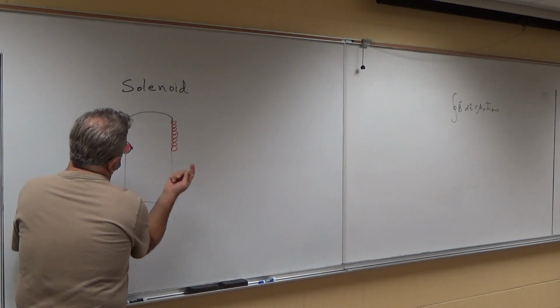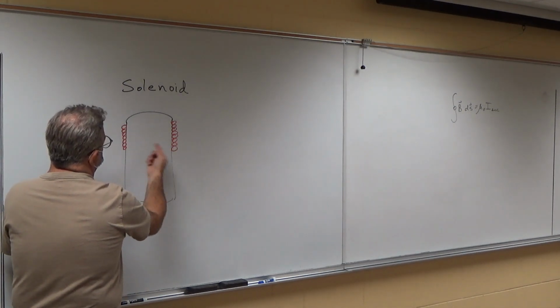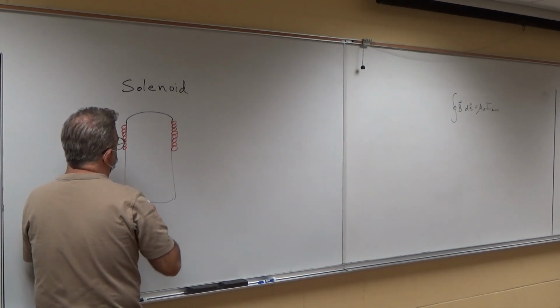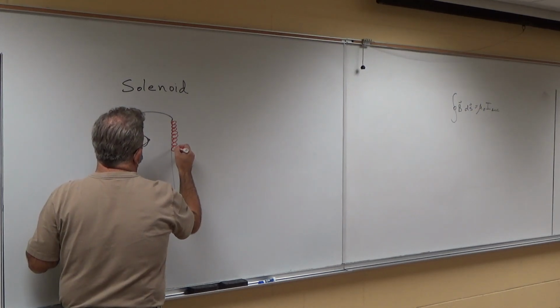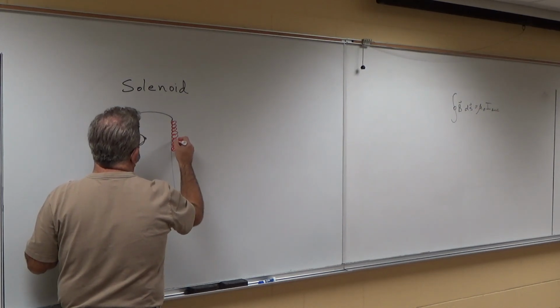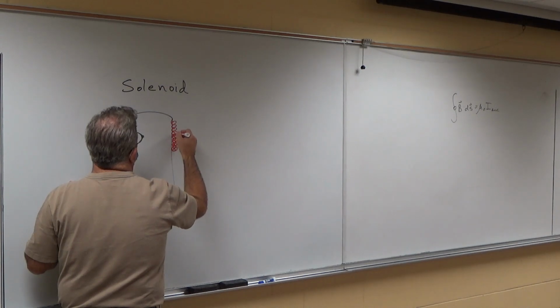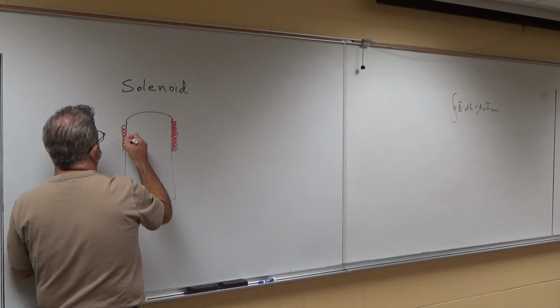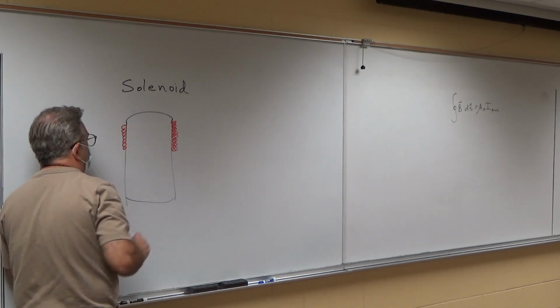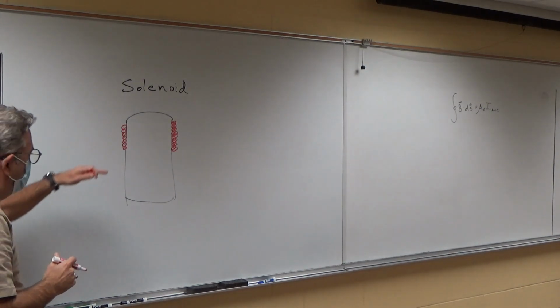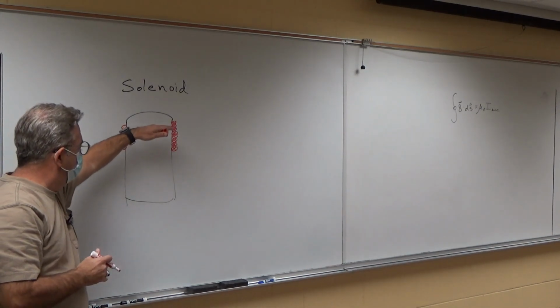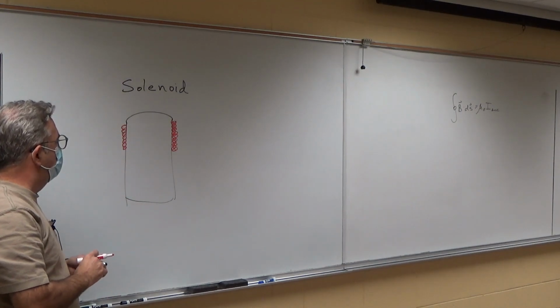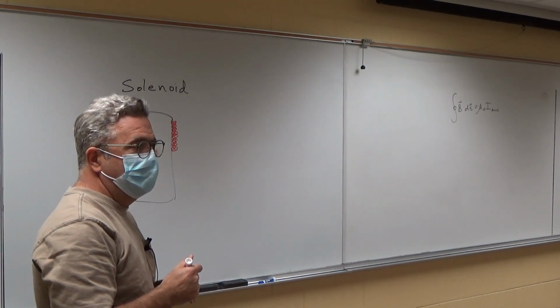So the current's going around this way. These are all the little loops, tightly wound. So I'll say the current is into the board here, and it's coming out of the board here. I'm just drawing a little section, but these turns are all the way up and down.